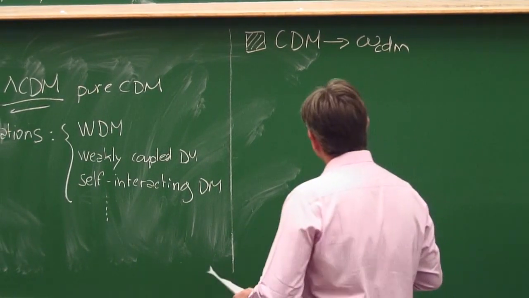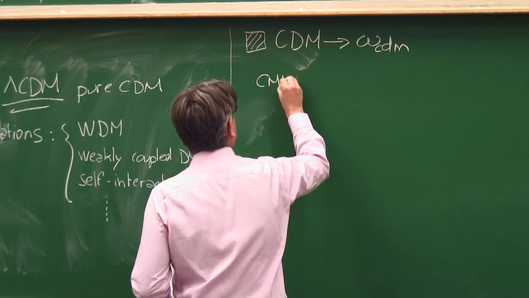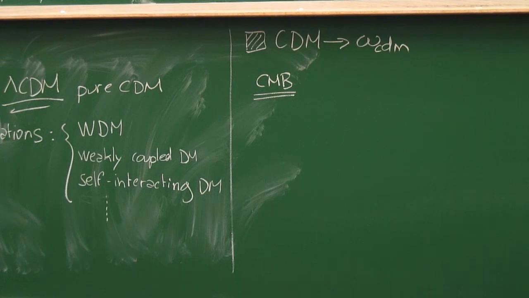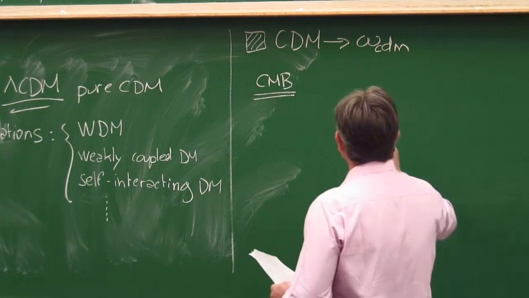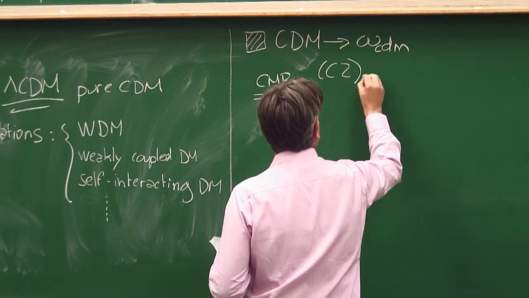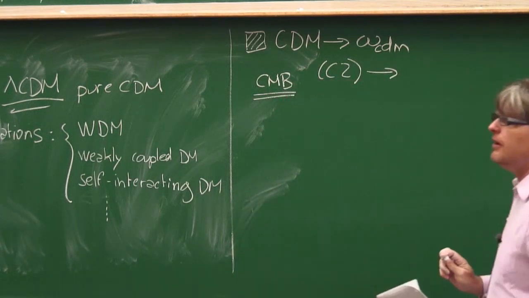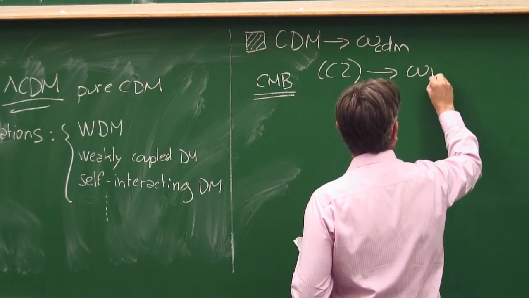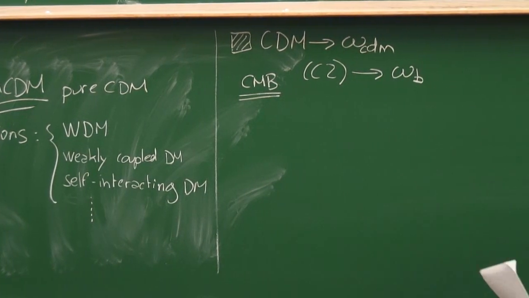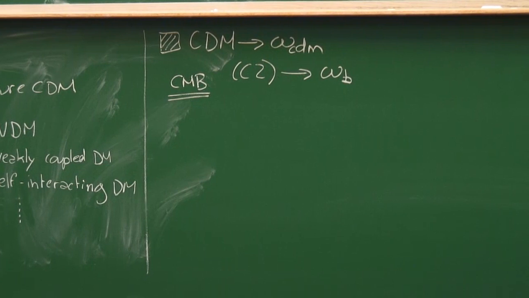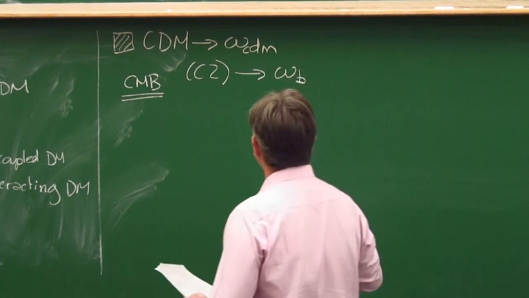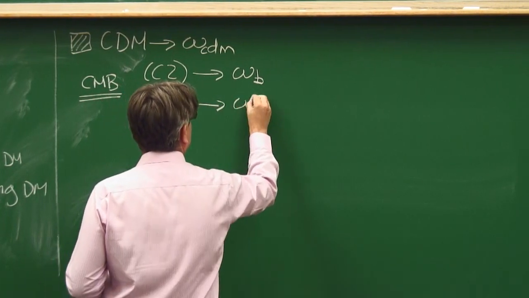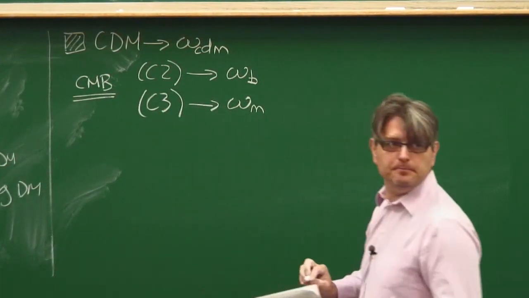So, from the CMB, it should be clear now for you that we can measure omega CDM. Because in the effect C2 of yesterday, the ratio of odd to even peaks, we have a way to measure omega B very accurately. And from the amplitude of all peaks, we can measure very well omega M. This is C3, because it gives us a measurement of the time of equality.